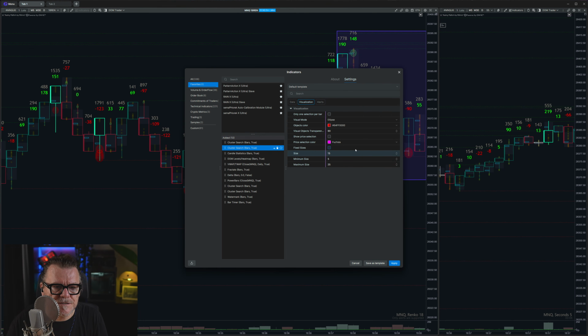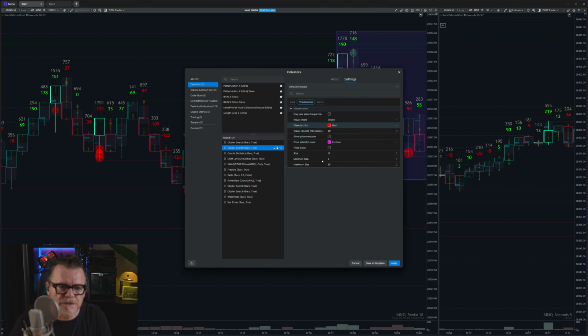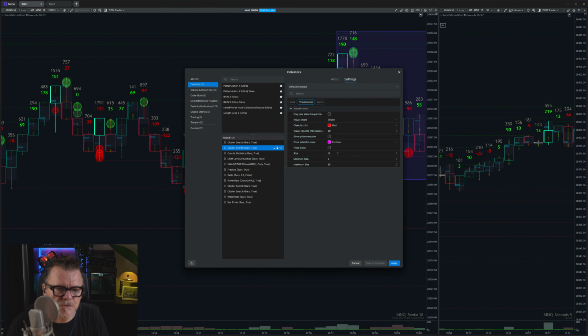Yes, now you start seeing it. And the object color, I will make it without any transparency. I need to set 15 at the green side as well. You see that? Yes. Maybe I will increase it even to 25. Even better, like so.